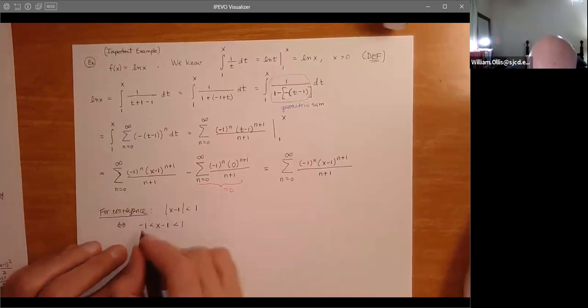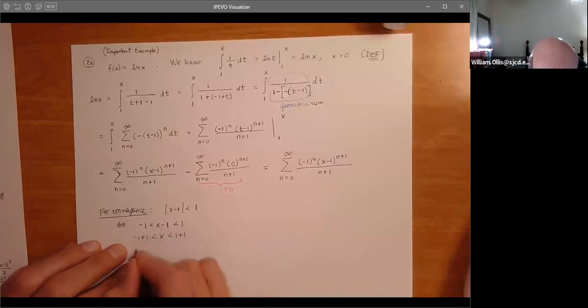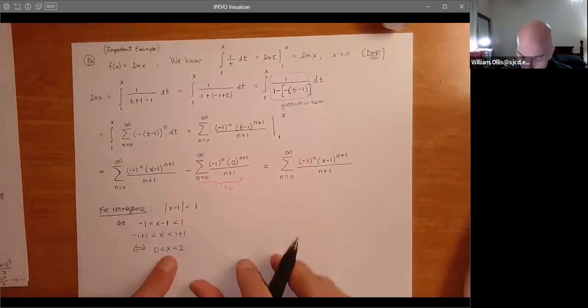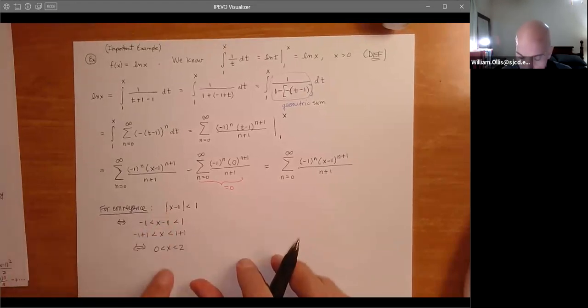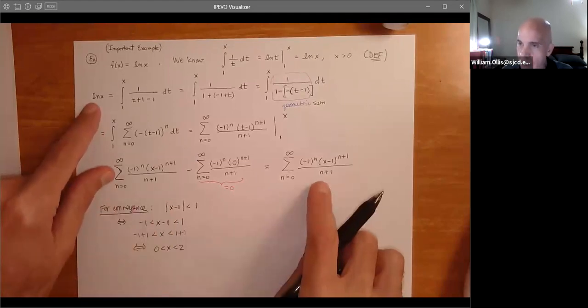Add 1: negative 1 plus 1 is 0, and 1 plus 1 is 2. So at least for this theory, we see that x can live between 0 and 2, and this function is represented by this power series.